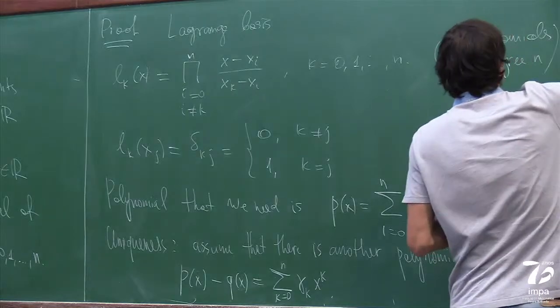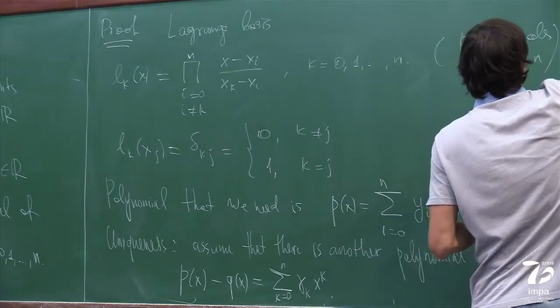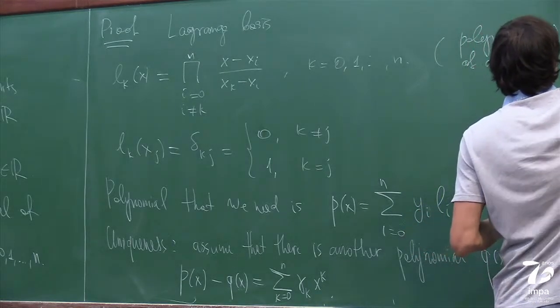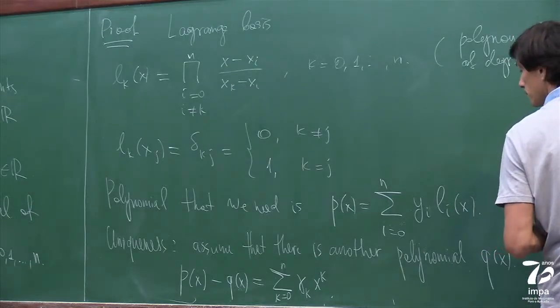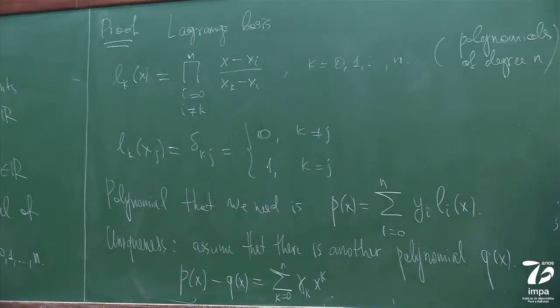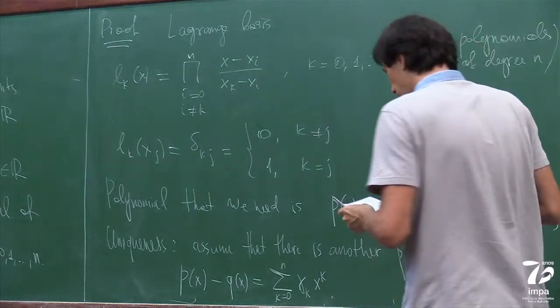What we have is that p of x minus q of x should be 0 for any x equal xj, right? Because they should give the same value.